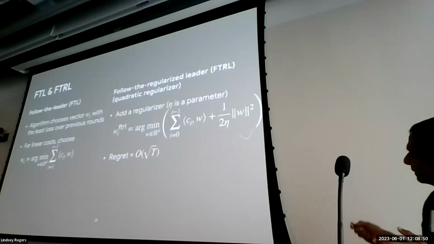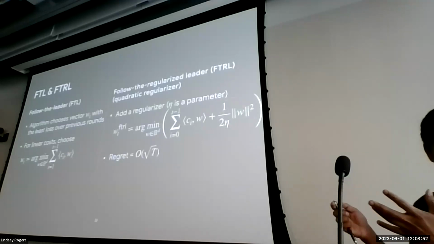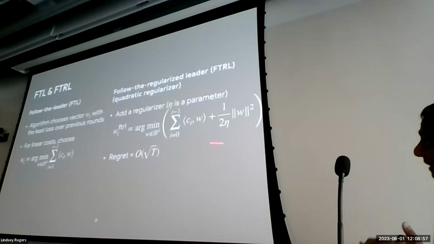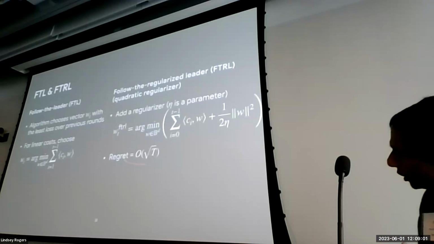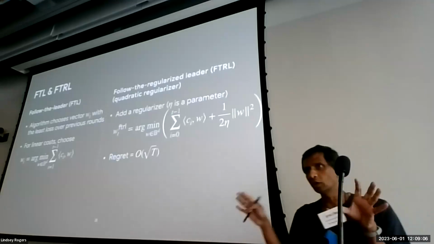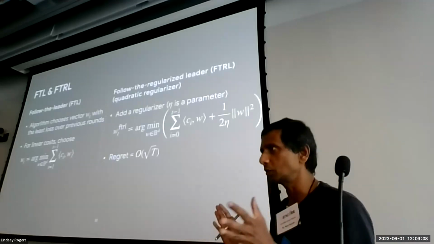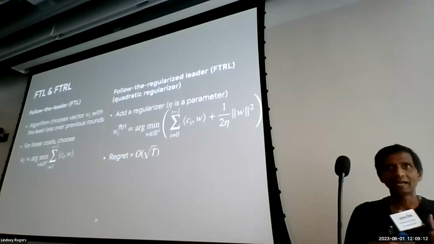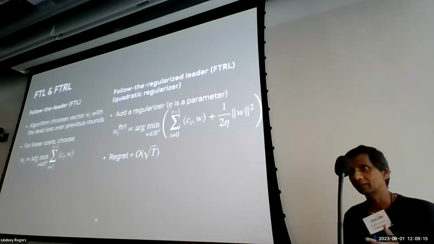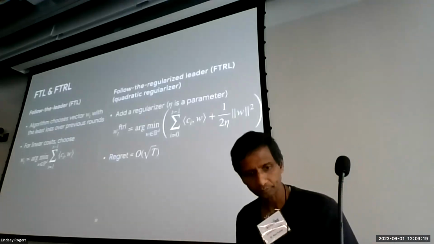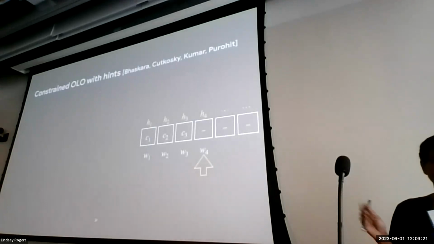So you add some kind of length regularizing term here, and if you play this vector at every time step, it's called FTRL, then you can show that the regret is square root T. So the holy grail of this whole exercise is to achieve regret that is sublinear in T, and in an ideal world, logarithmic in T. The smaller the regret you get, the better. Okay, so that's the problem that we're going to look at.